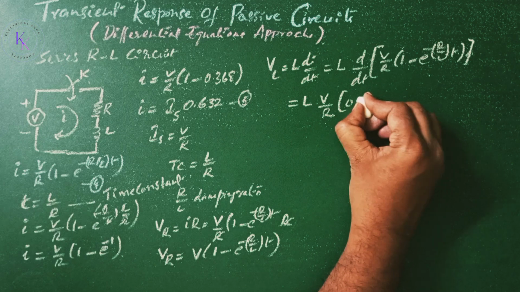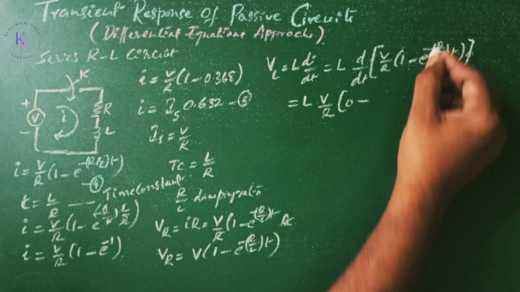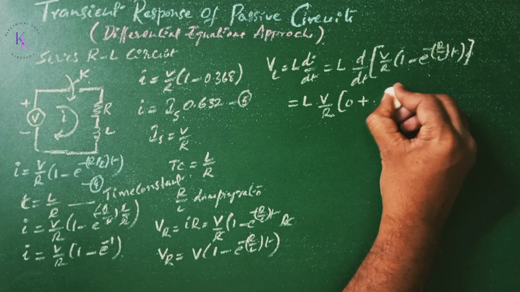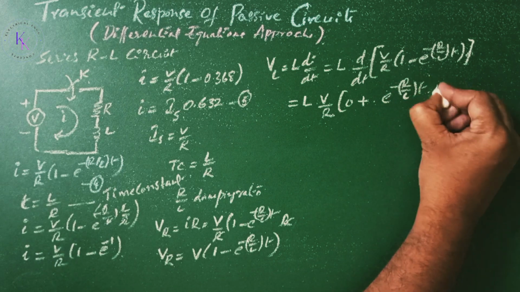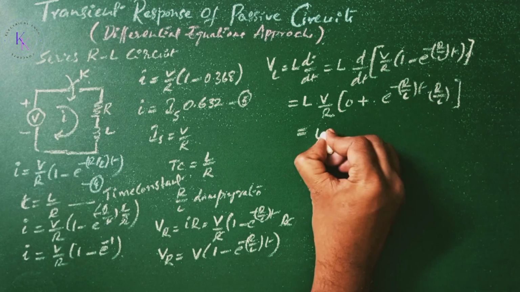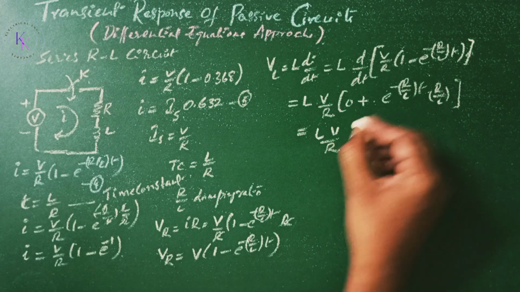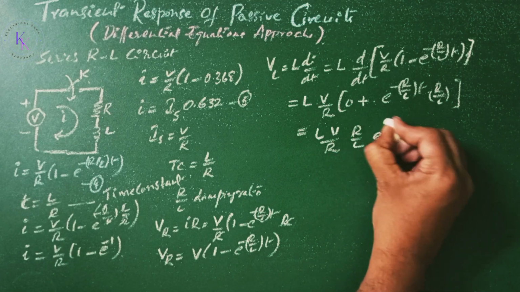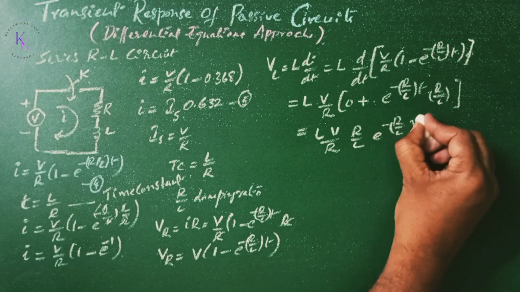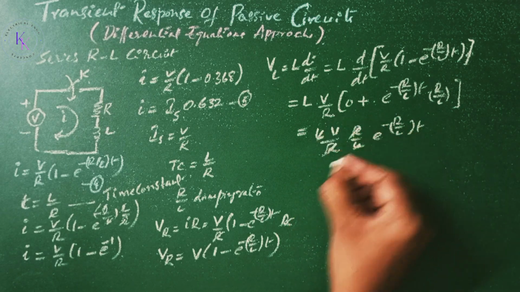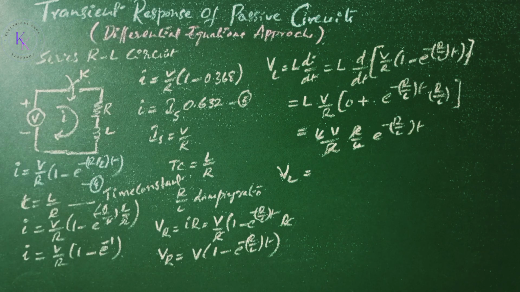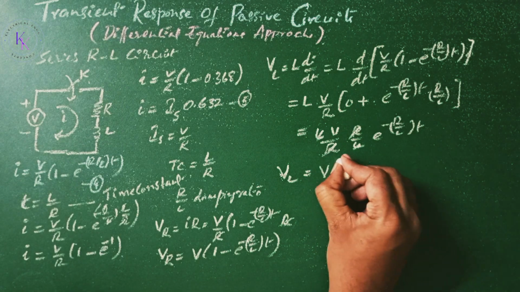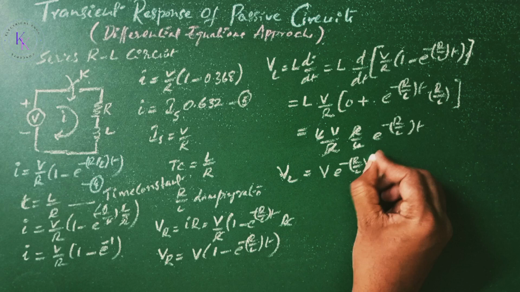So 0 minus of minus, so plus, it will be e to the power of minus R by L of t multiplied by R by L. L V by R, R by L, e to the power of minus R by L of t. We get the voltage drop across the inductor as V e to the power of minus R by L of t.